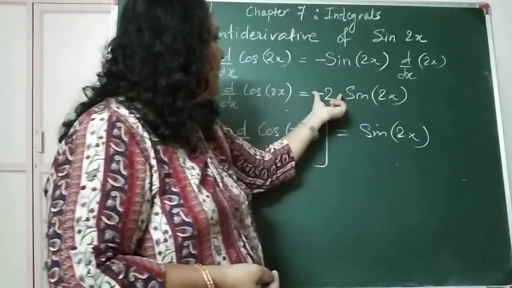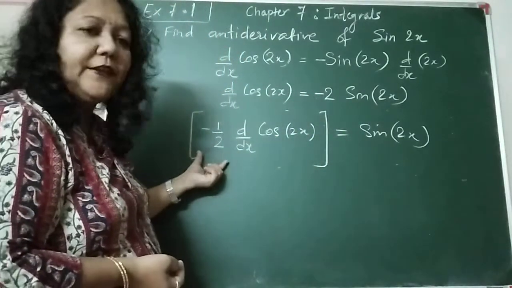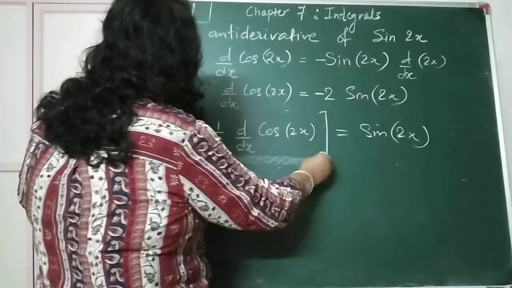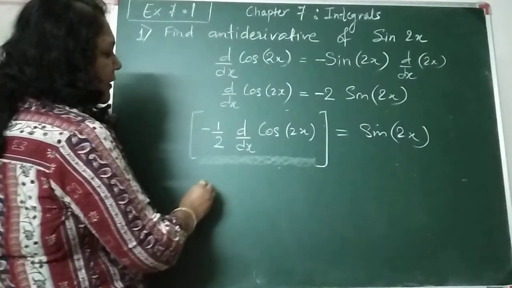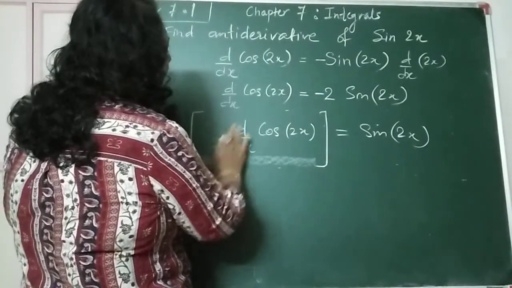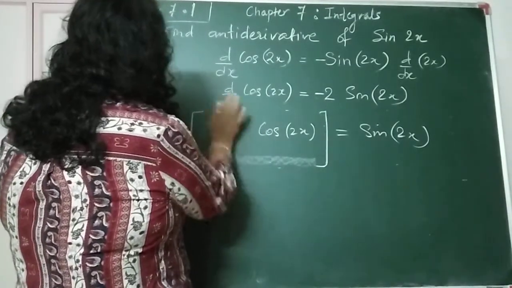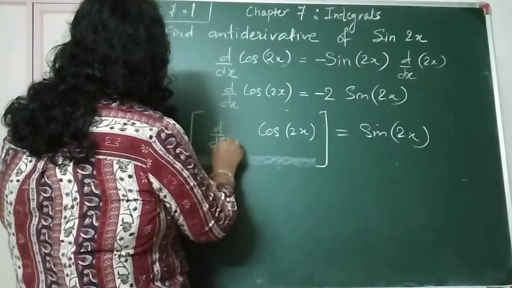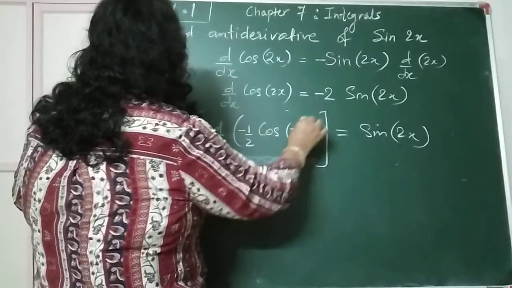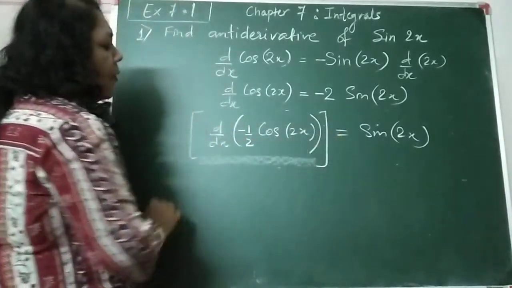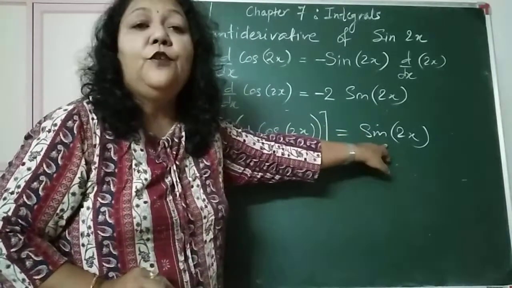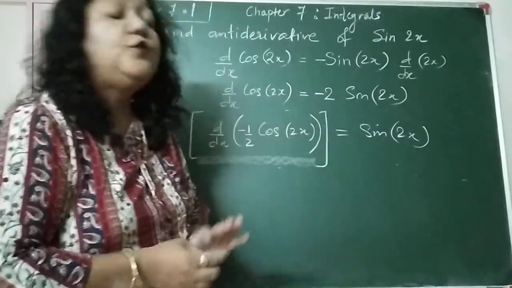So minus 2, you cross multiplied it over here, and therefore minus 1/2 of whatever the term is. You can write this minus 1/2 inside, so d by dx of minus 1 upon 2 into cos of 2x is the value for sine of 2x.